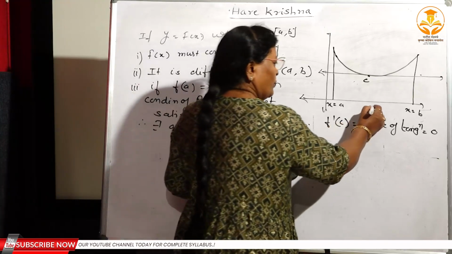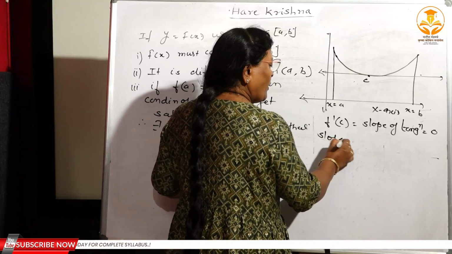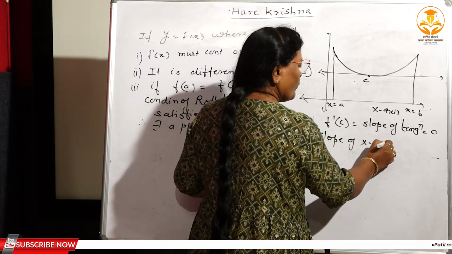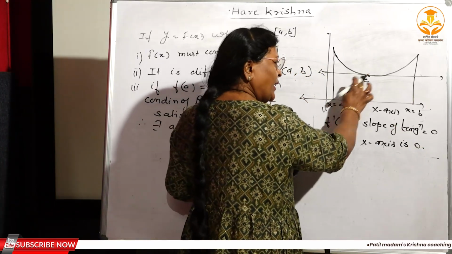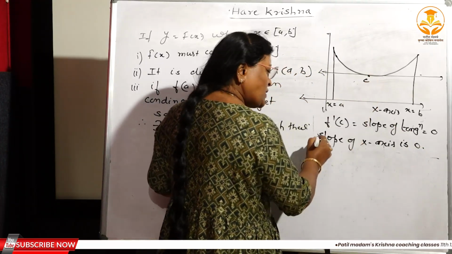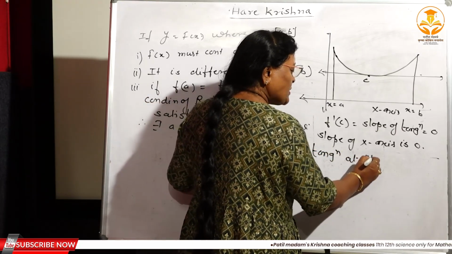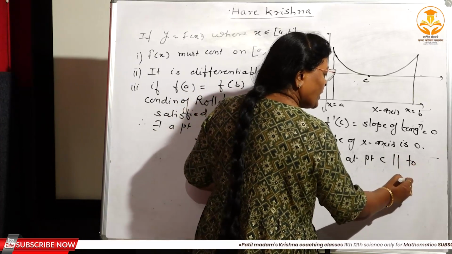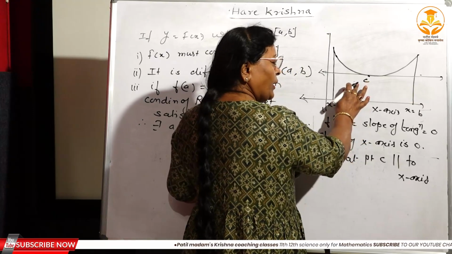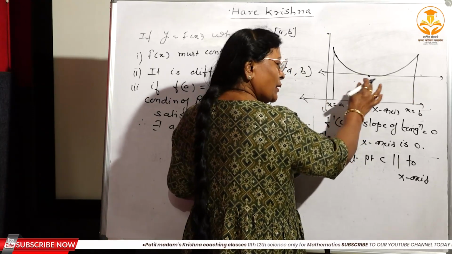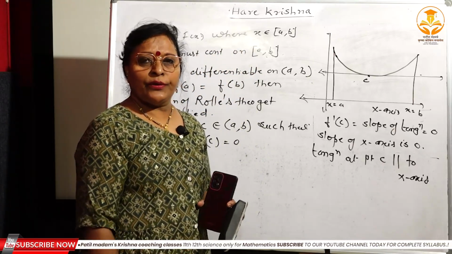Now you know the slope of the x-axis is also equal to 0, the slope of the x-axis is always 0. Therefore, the tangent at the point c is parallel to the x-axis, because the slope of the tangent drawn at the point c is equal to 0, and the slope of the x-axis is also equal to 0.